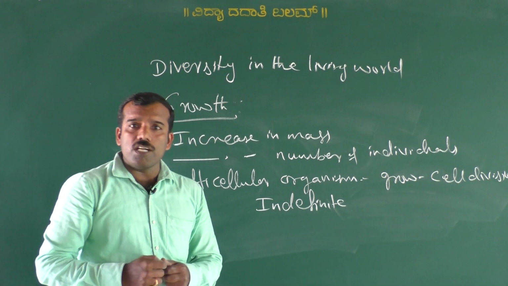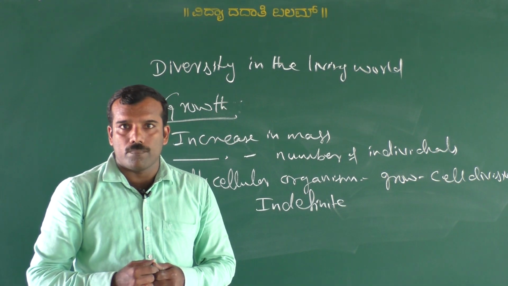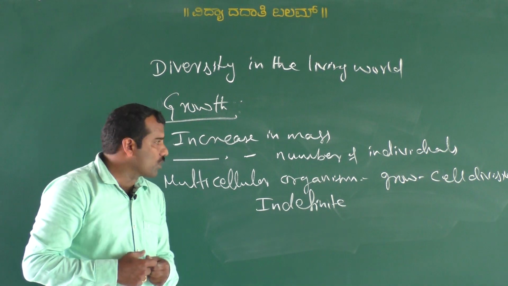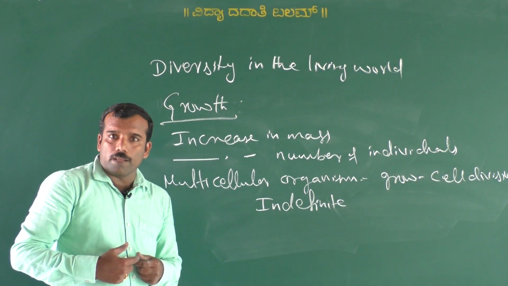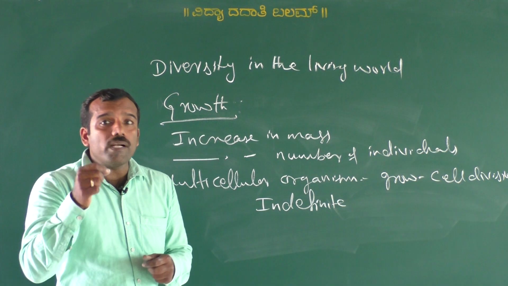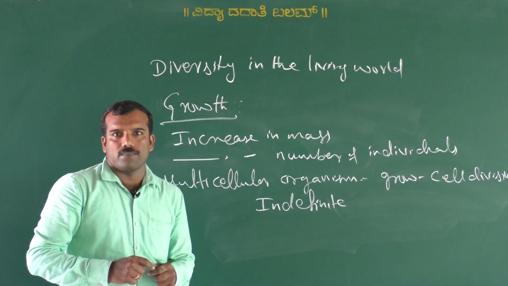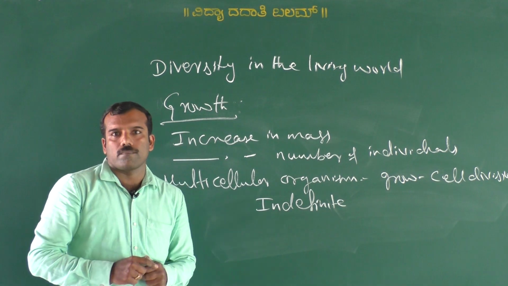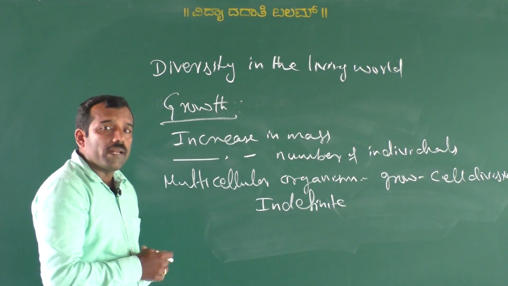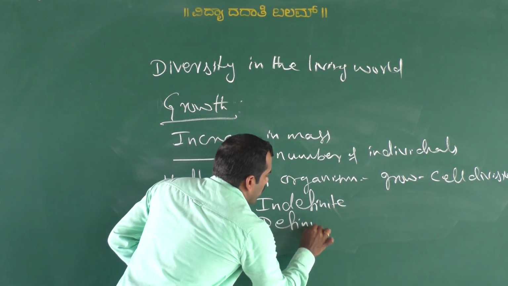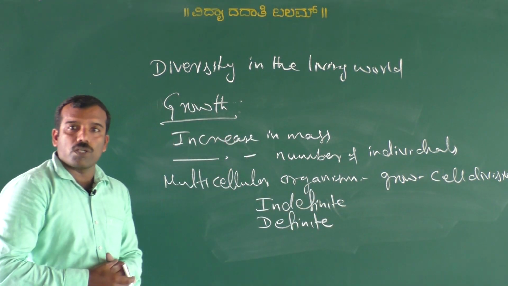Animals also grow, by increase in the number of cells by cell division, but the growth is stopped at a certain age. Growth is ceased. So in animals, growth is called definite.